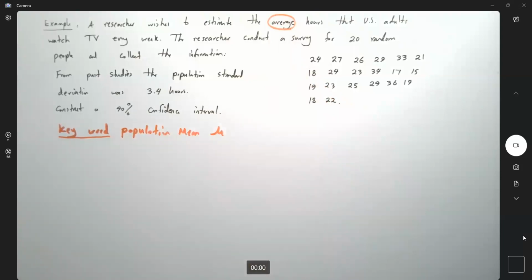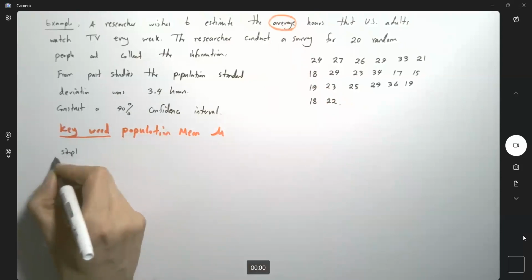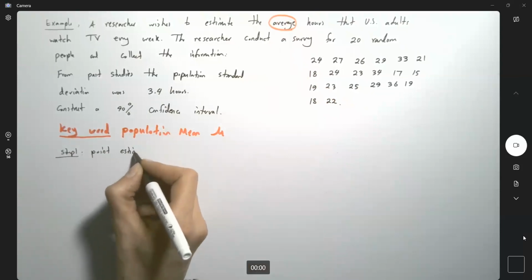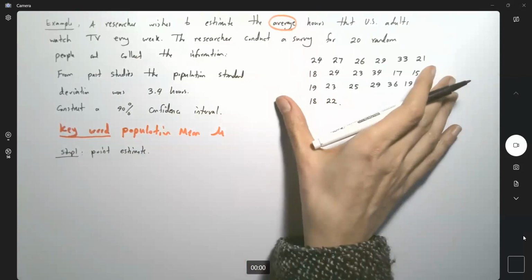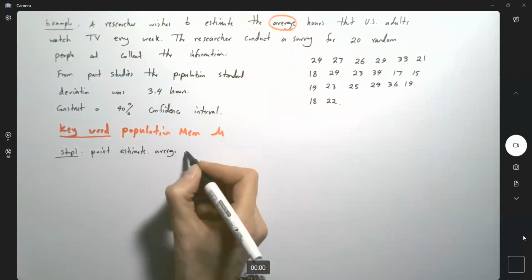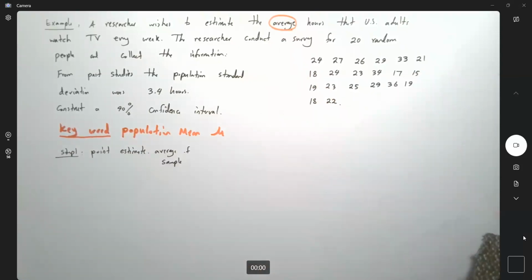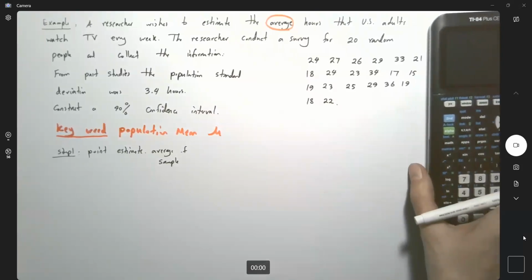Very good. So in our very first step, step 1, you need to find the point estimate. The point estimate is going to be the average of the sample. So what's the meaning of that? It means that I have to use my calculator to find this average.